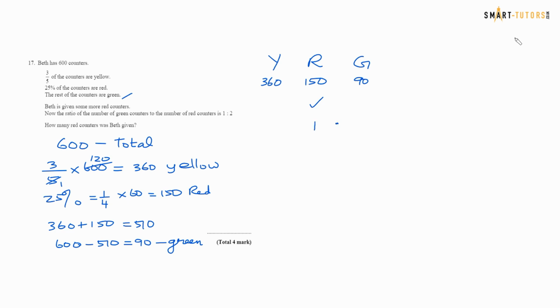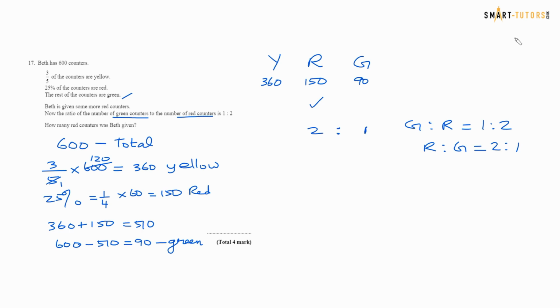So G is to R is 1:2, and red to green is 2:1.